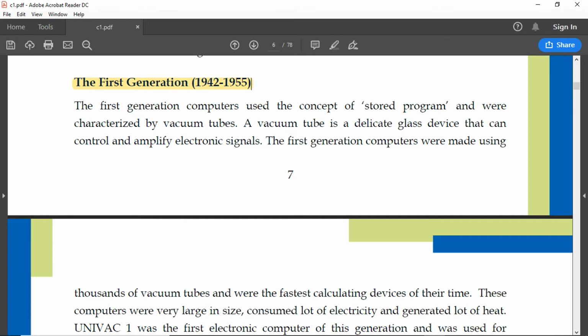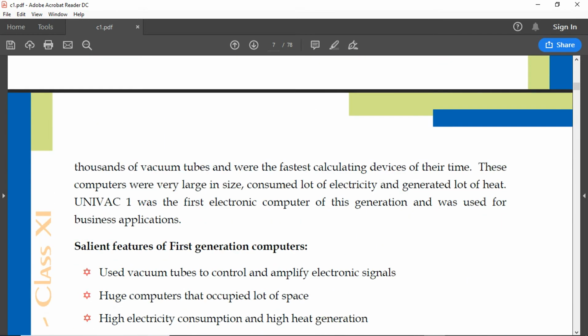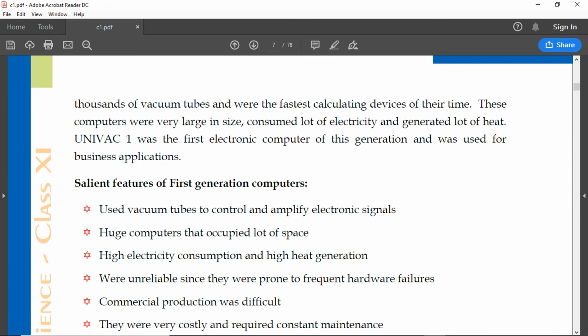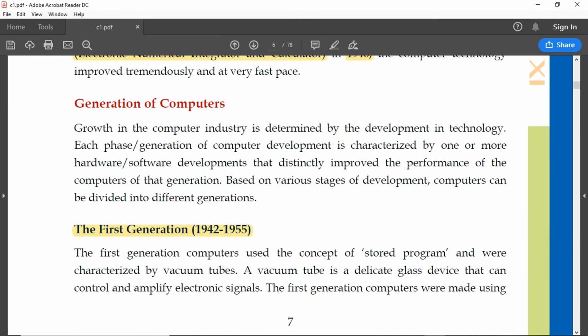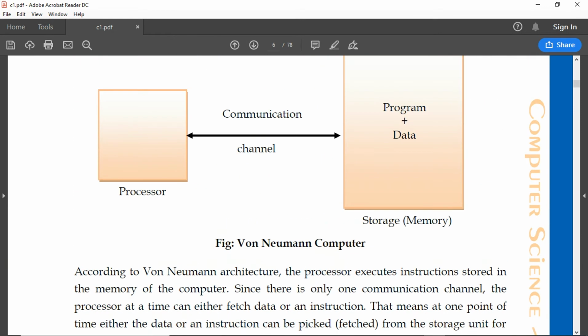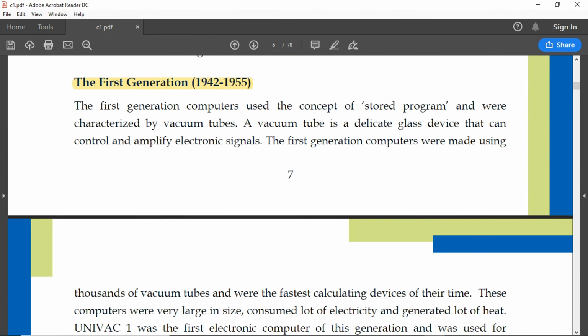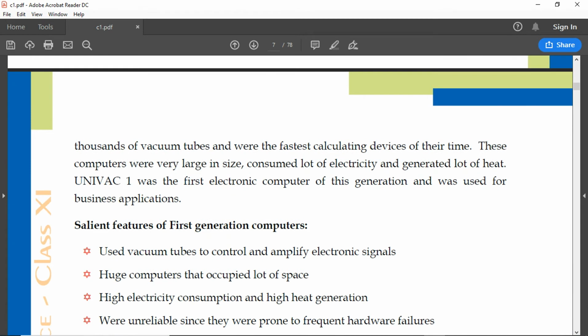The first generation computers were made using thousands of vacuum tubes and were the fastest calculating devices of their time. These computers were very large in size, consumed a lot of electricity and generated a lot of heat. UNIVAC 1 was the first electronic computer of this generation and was used for business applications.